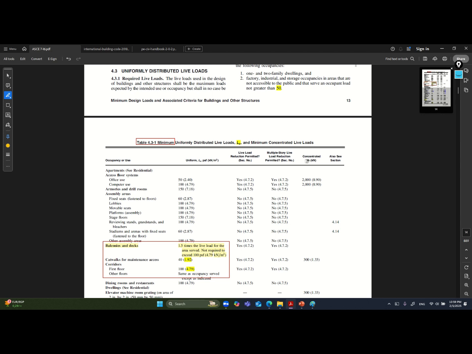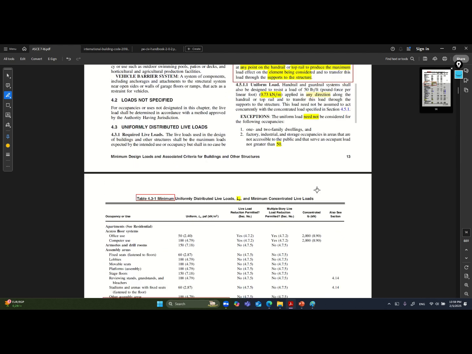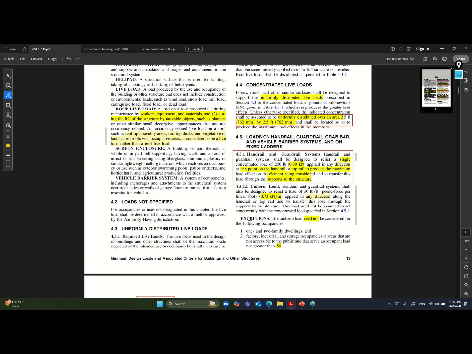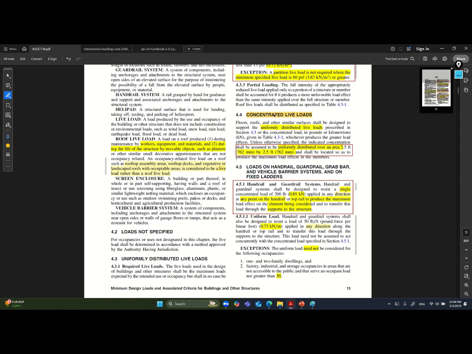And it gives you another check or another value that can be used, which is the concentrated load. Here it tells you that the concentrated load would act at an area of 762 multiplied by 762, and shall be located so as to produce a maximum load effect. This value, we actually use as a local check, not a global check.